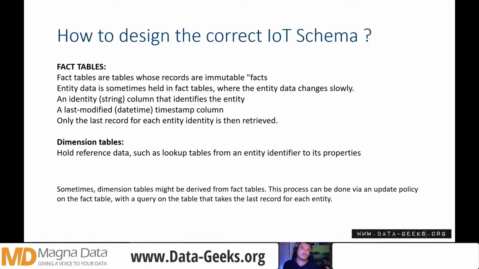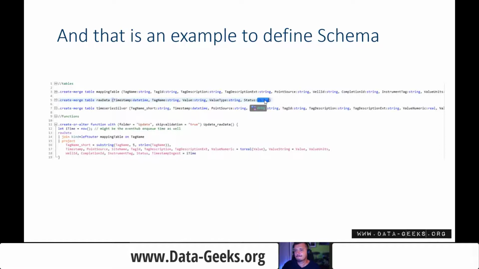Let me show you a screenshot, only a screenshot. For example, this is the mapping table. Let's describe the mapping table: tag time, tag name, tag ID, description, and other things. What do you mean with mapping?